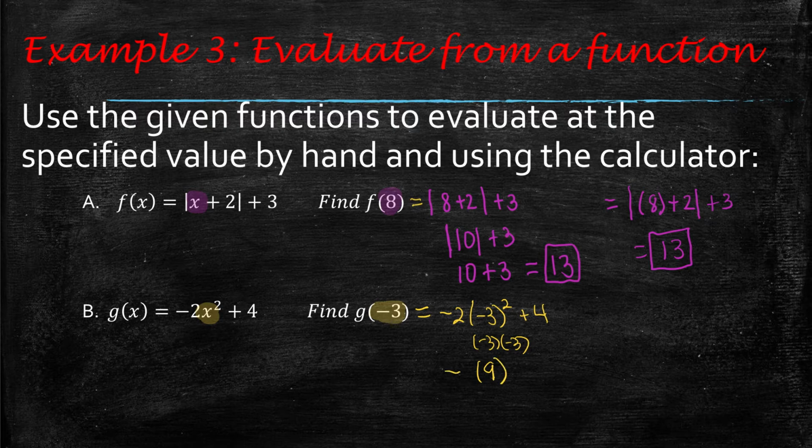But remember, we're multiplying that by a negative 2, and then adding 4. Multiplication comes next, so negative 2 times 9 is negative 18, and then negative 18 plus 4 is negative 14. So the answer should be negative 14.